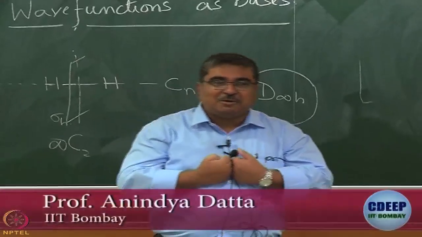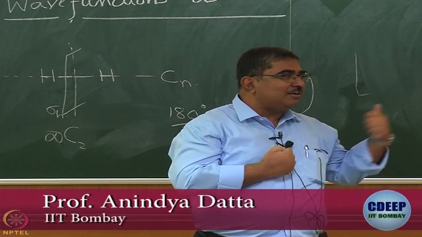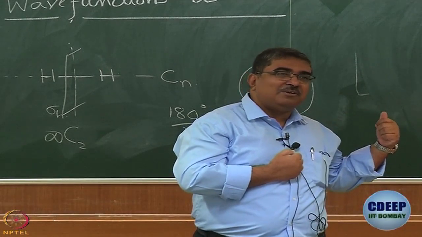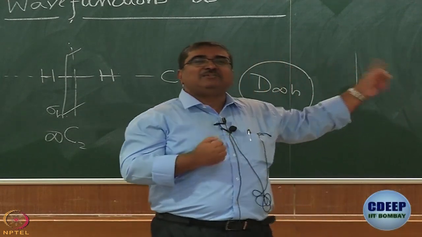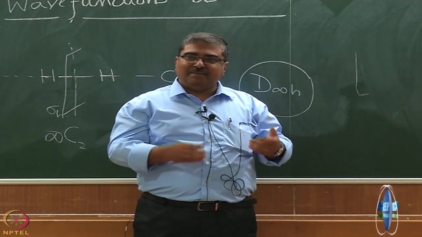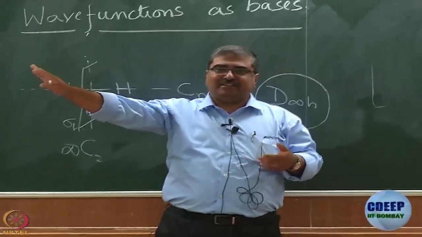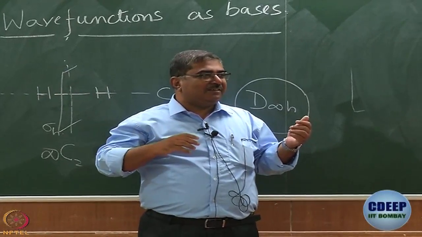What do you call this kind of a bonding? Sigma bonding, isn't it? This orbital is a sigma bonding molecular orbital. This is where the name comes from. This well known sigma name comes actually from the character table. That is why you call it sigma. Okay.